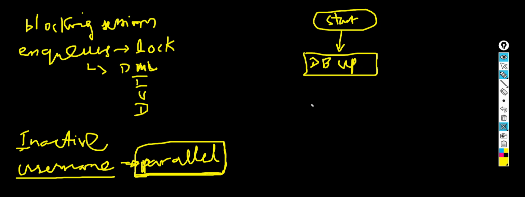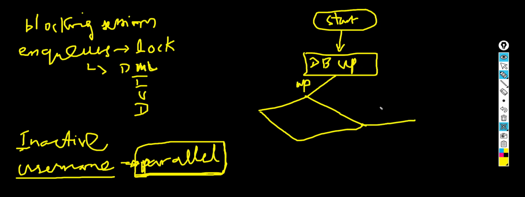We will get a lot of errors when we connect to the database, right? So that's the reason we need to check if the database is up or not. So if it is up, then what? So if it is down, then what?